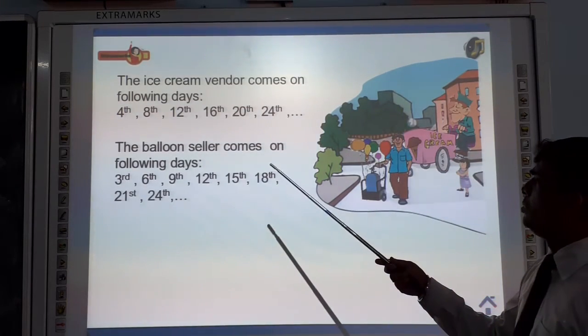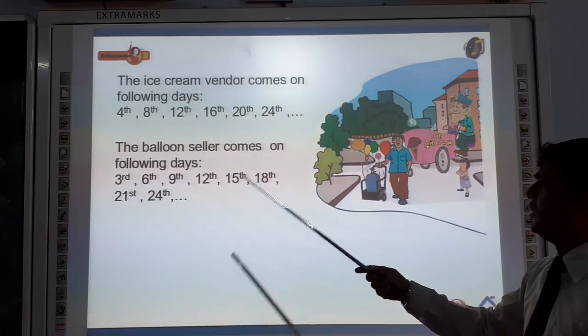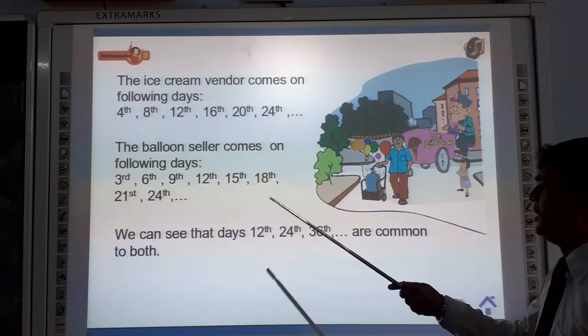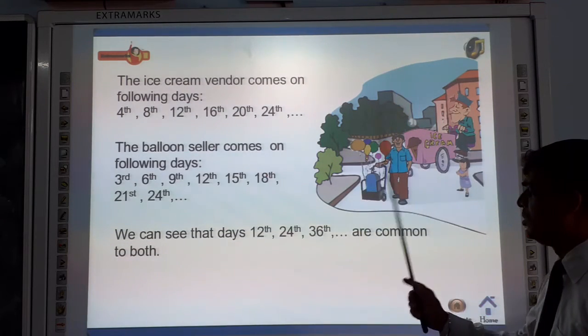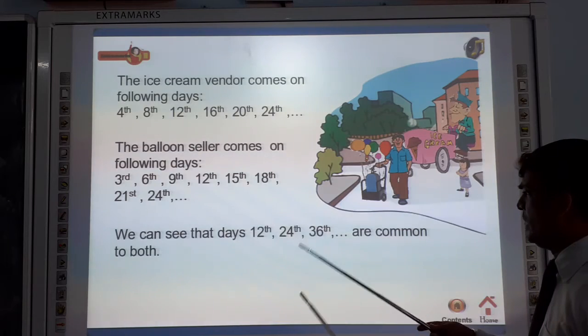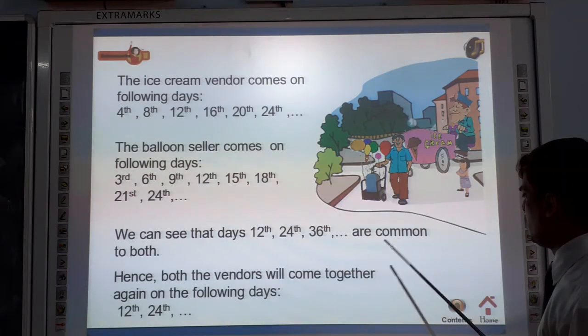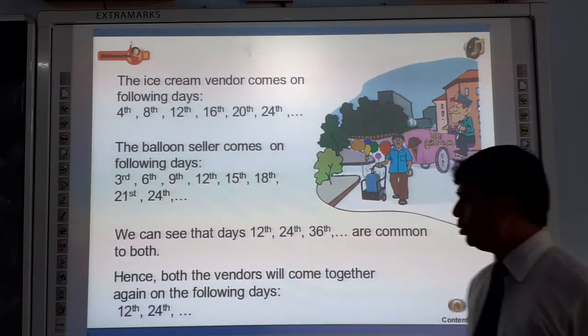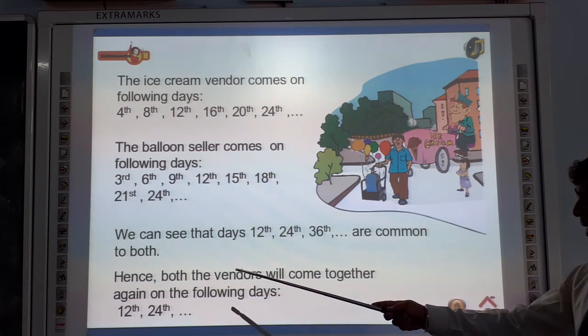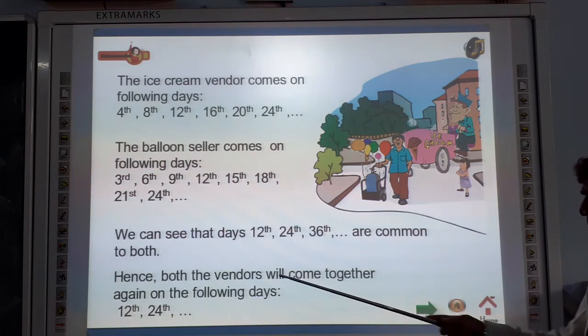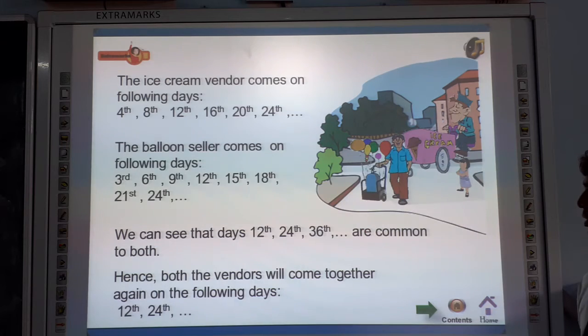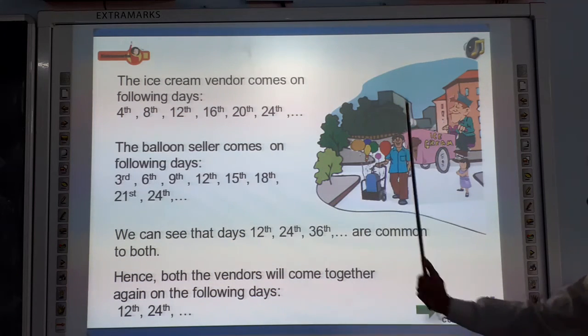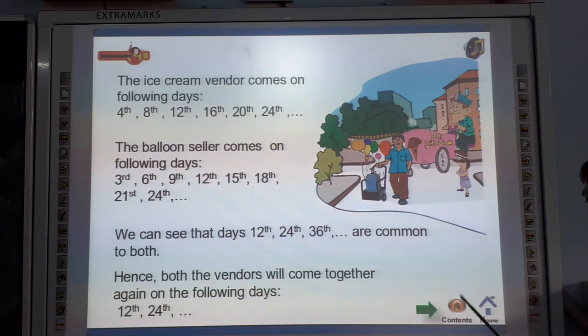The balloon seller comes on the following days: 3rd, 6th, 9th, 12, 15, 18, 21, 24 and so on. We can see that days 12, 24, 36 and so on are common to both. Okay. Hence both the vendors will come together again on the following days 12 and 24. Okay student.